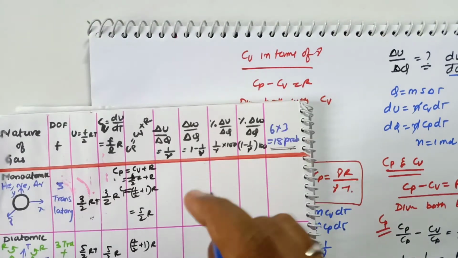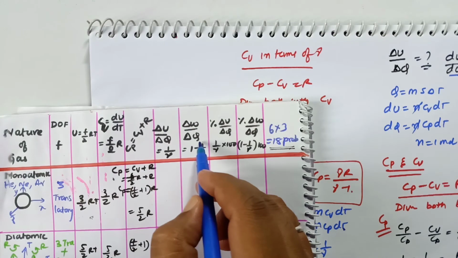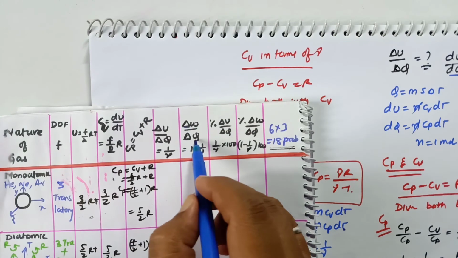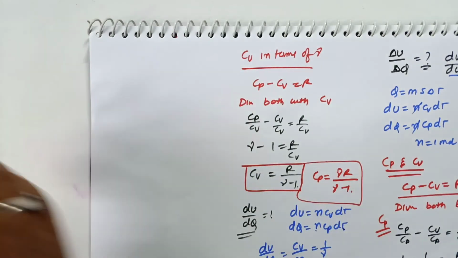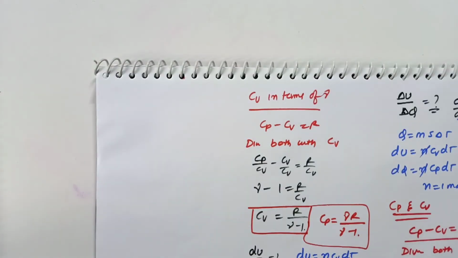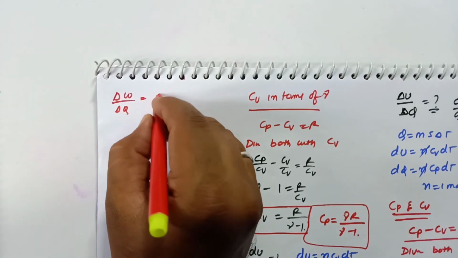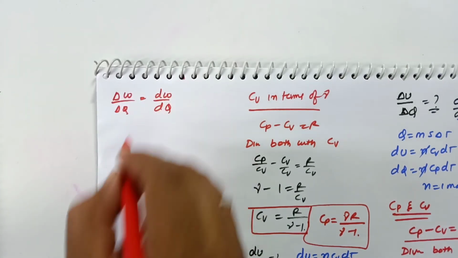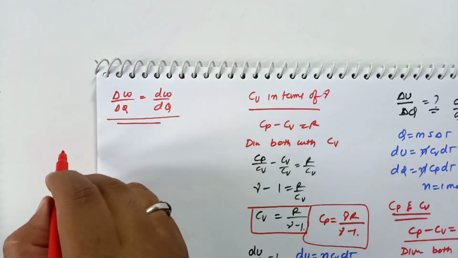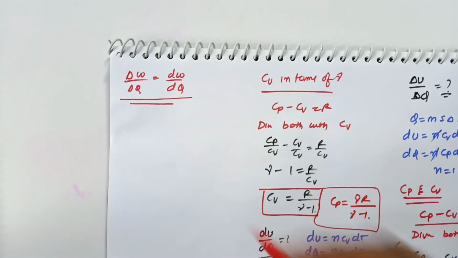Okay. So next thing which we need to find out is delta W by delta Q, or it can also be called dW by dQ. So how are you going to find out this value here now? It's very simple, very easy to find out the values of this.